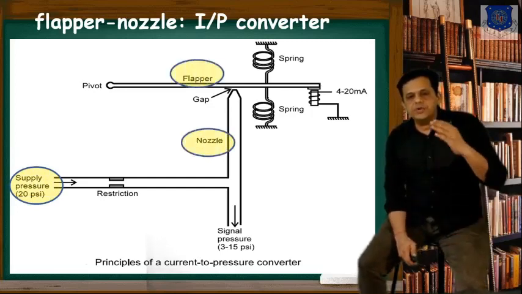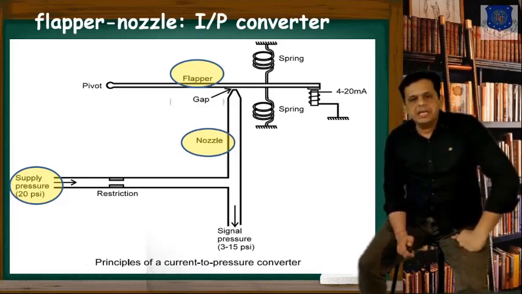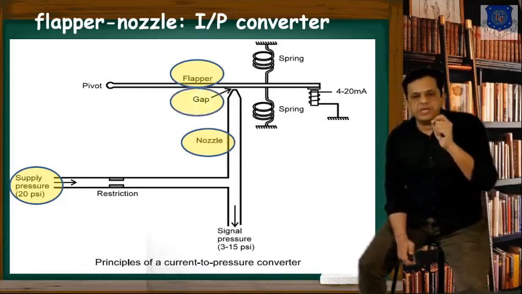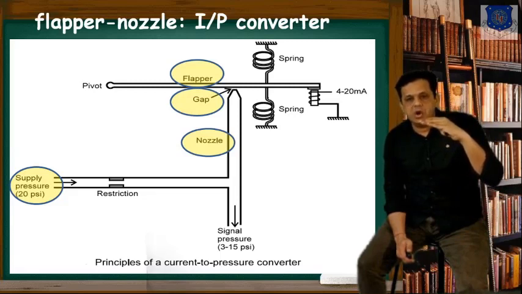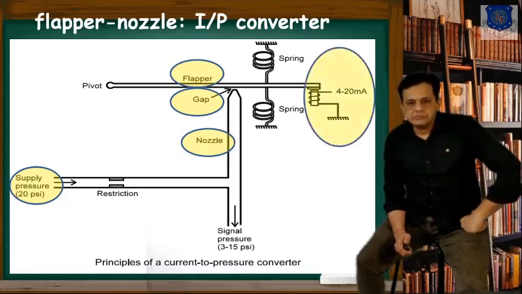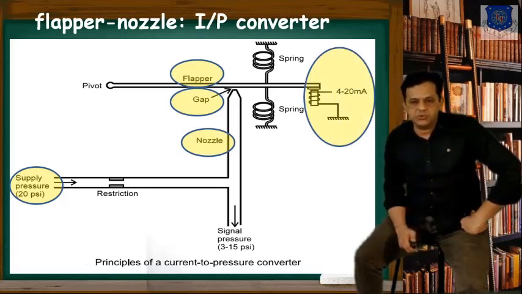Flapper is a movable plate which is pivoted at one point and balanced with a spring, and here you can see a gap between the flapper plate and the nozzle of the pressure supply. The current we have supplied here is 4 to 20 milliampere, which makes an electromagnet over here.